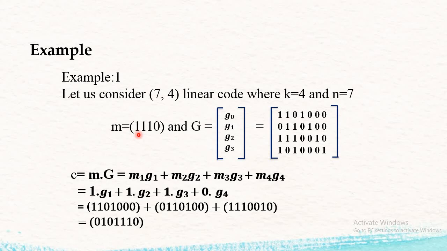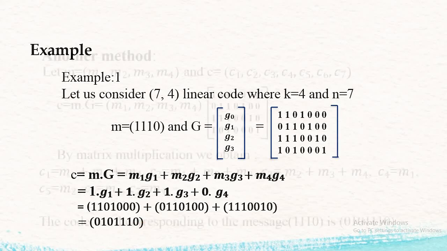So here 1 is multiplied with 1 plus 1 multiplied by 0. We are not doing ordinary multiplication in this case, we are doing a mod 2 operation. Now this 1 is multiplied with the next 1 plus the 0 with 1. Likewise we repeat the operations, and after solving all of this we get the output, and that output is nothing but the code word. So the code word in this case is 0 1 0 1 1 1 0. So this is the way in which we get the code word.